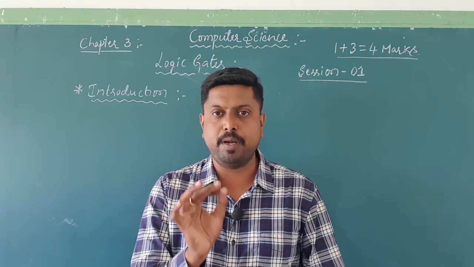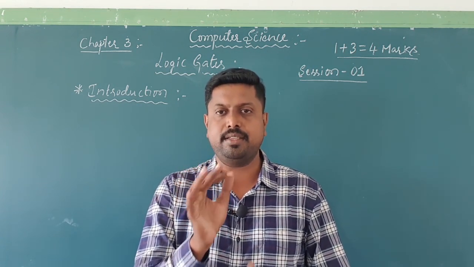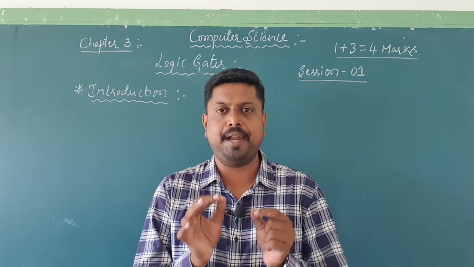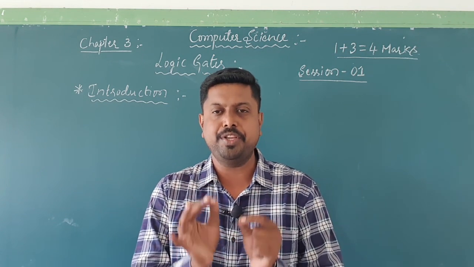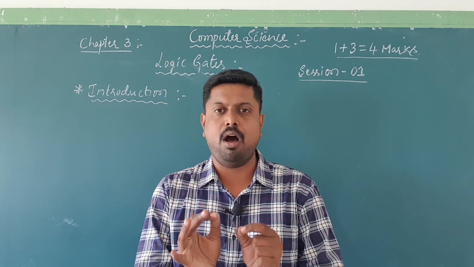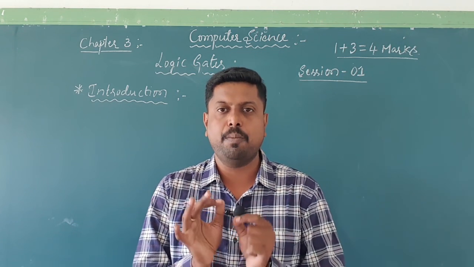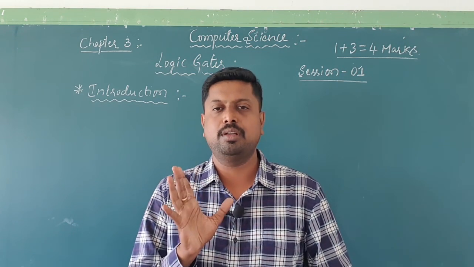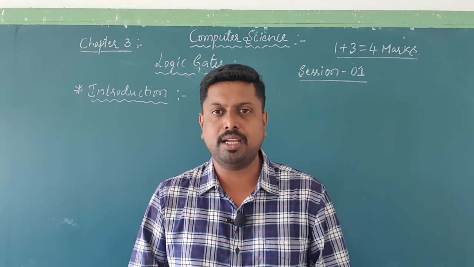Once again I will repeat the definition of the logical gate, students. A logical gate is an electronic circuit gate which accepts one or more inputs and produces a single output. That is what we call logical gates.